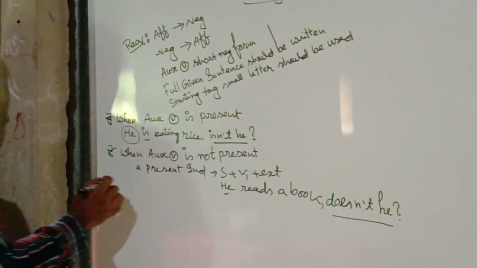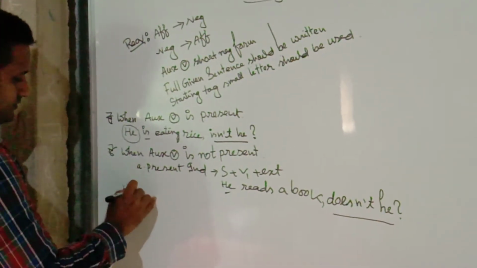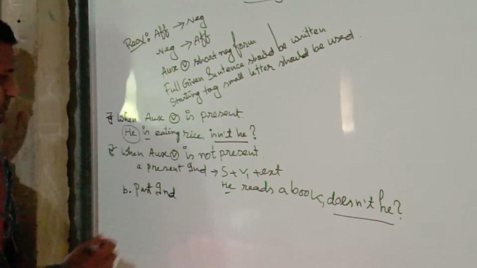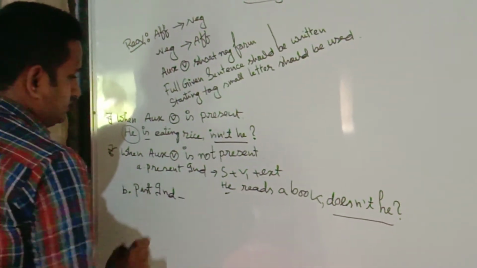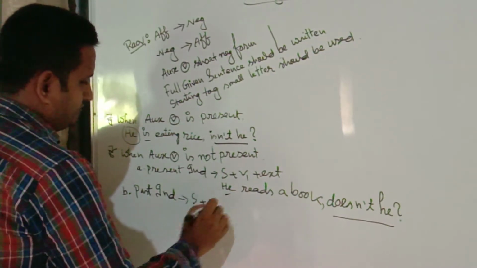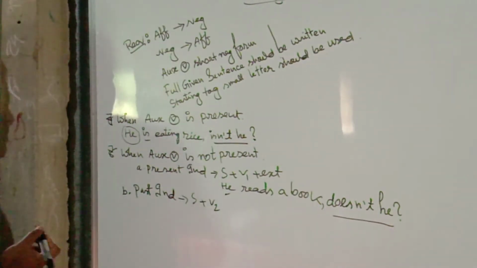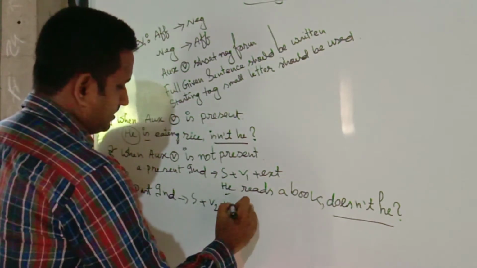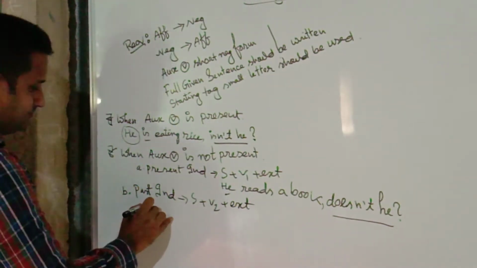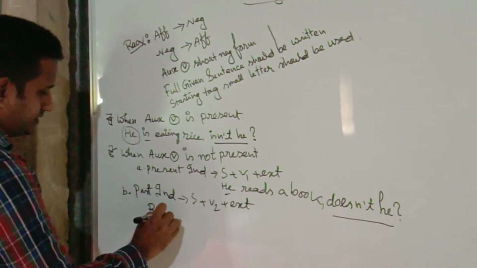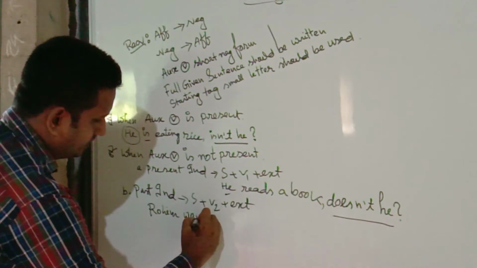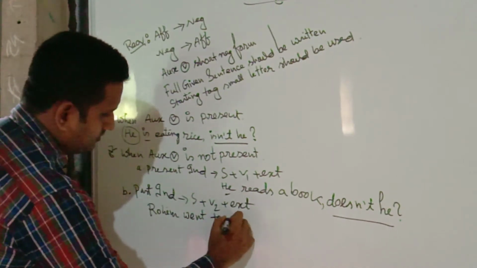Another section, part B, past indefinite. First we have to select past indefinite tense, that means subject plus V2. V1 means present form, V2 means past form, plus extension or object. Rohim went to college.